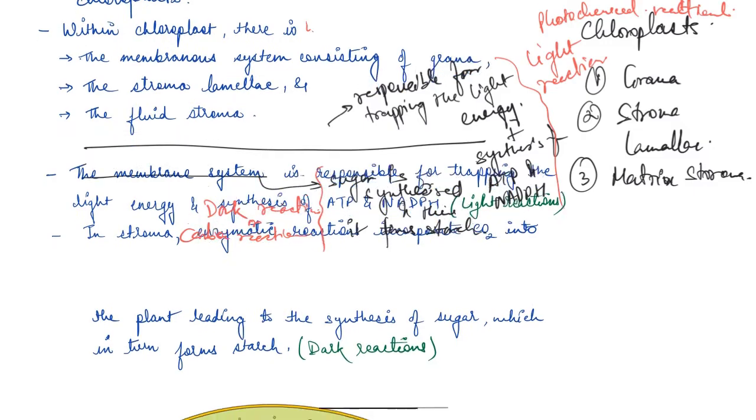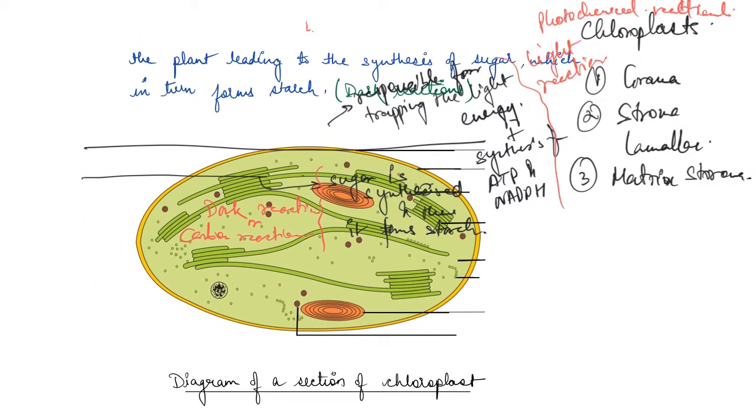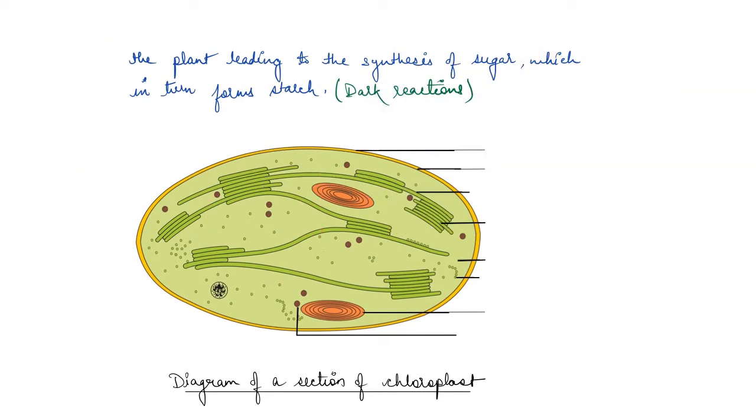Now, if you see the diagram as well, this is the diagram of chloroplast. This is the outer membrane. Then we have the inner membrane. Now this membranous structure is the stroma lamellae.